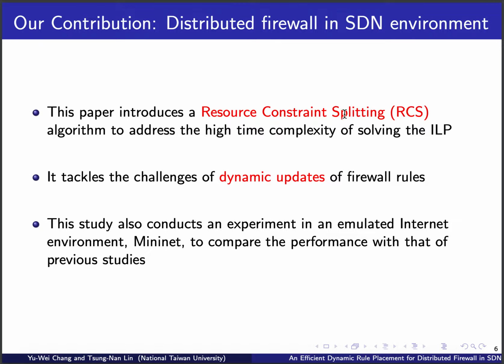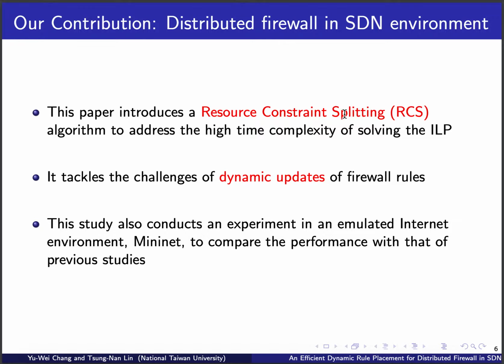As the network environment becomes more complex, there's more need and more frequently that the firewall rules will need to be updated. And usually these updates will not influence other old firewall rules.